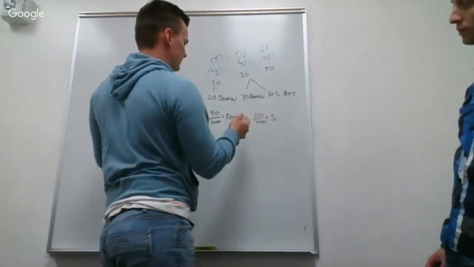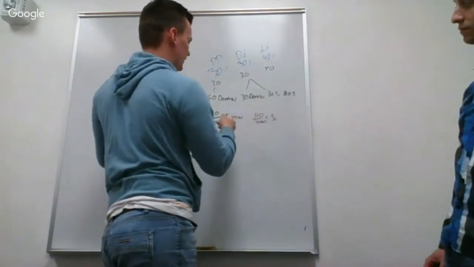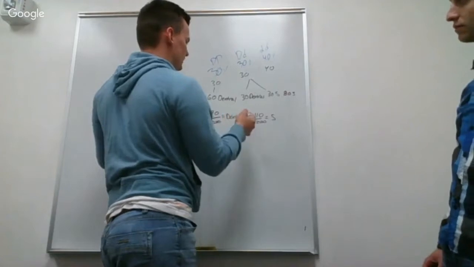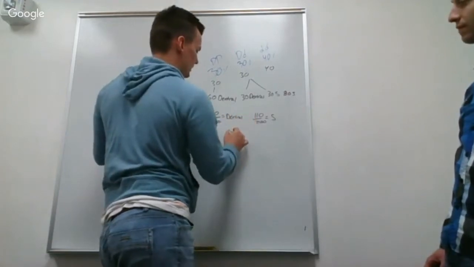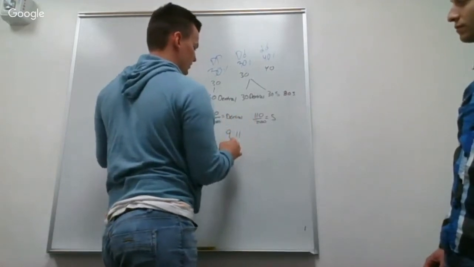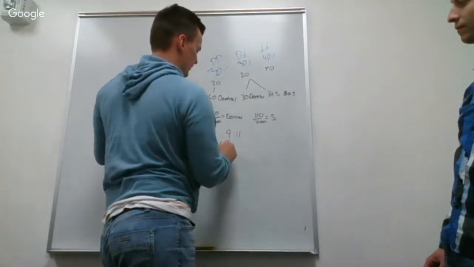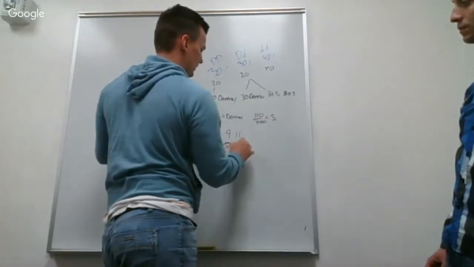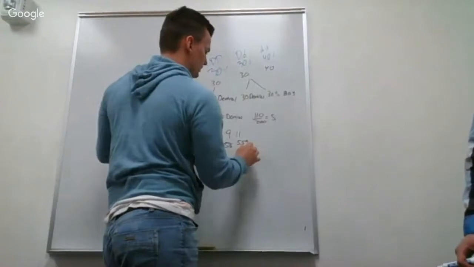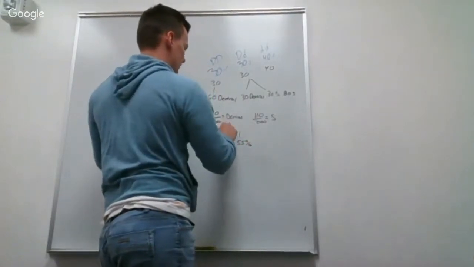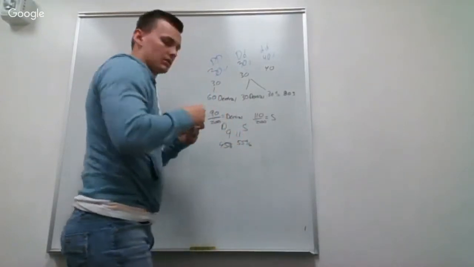And then if you just divide those, that ratio ends up being a 9-to-11 ratio, or 45% and 55% dextral versus sinistral.